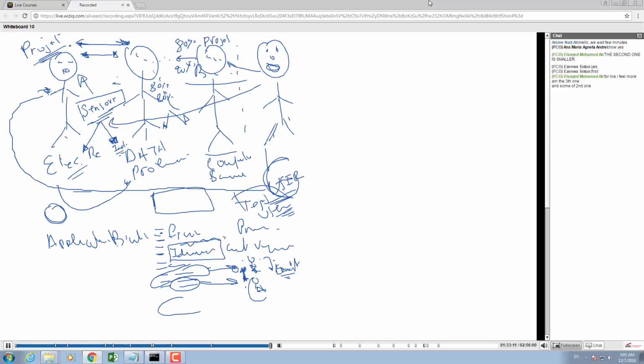Okay? So this guy will provide some outputs, and it will be an input for the second guy. So the input of someone will be the output of someone else, and the output of someone else will be the input of another, and so on. You see, it works like this.